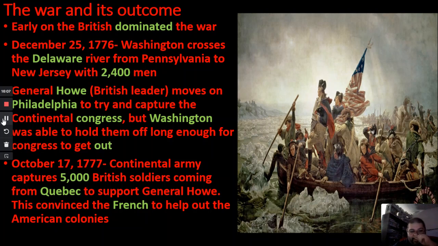Now, later on October 17th, 1777, the Continental Army captures 5,000 British soldiers who were coming from Quebec, Canada, to support General Howe. They basically trapped them in a little valley area. And this was huge news, to capture 5,000 of the best soldiers in the world.